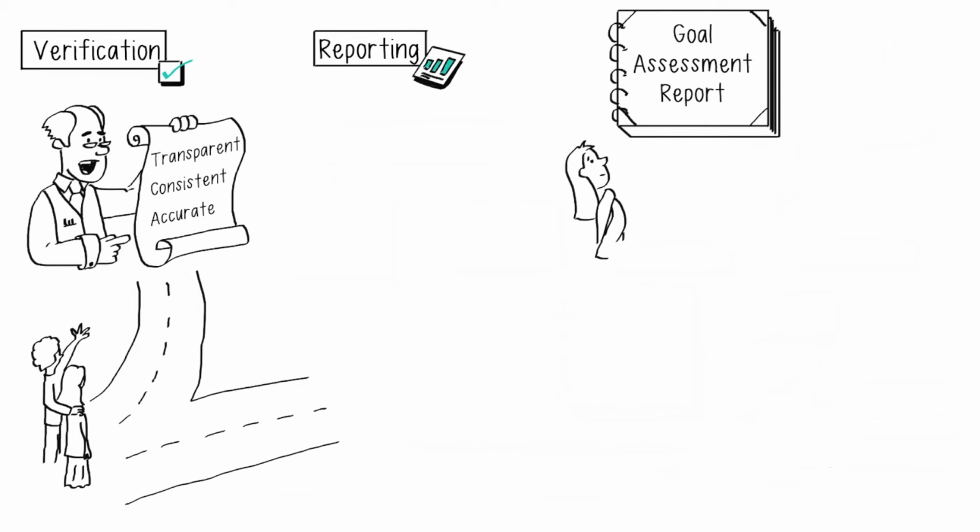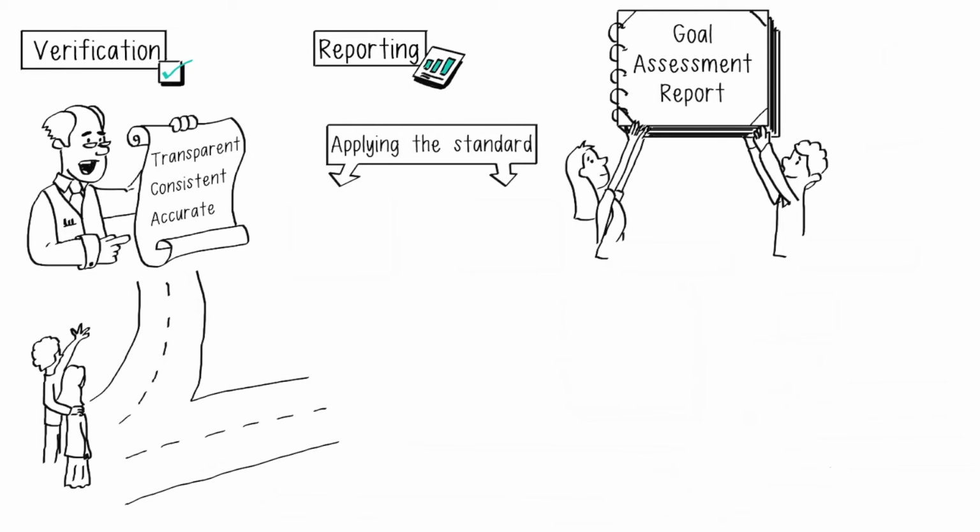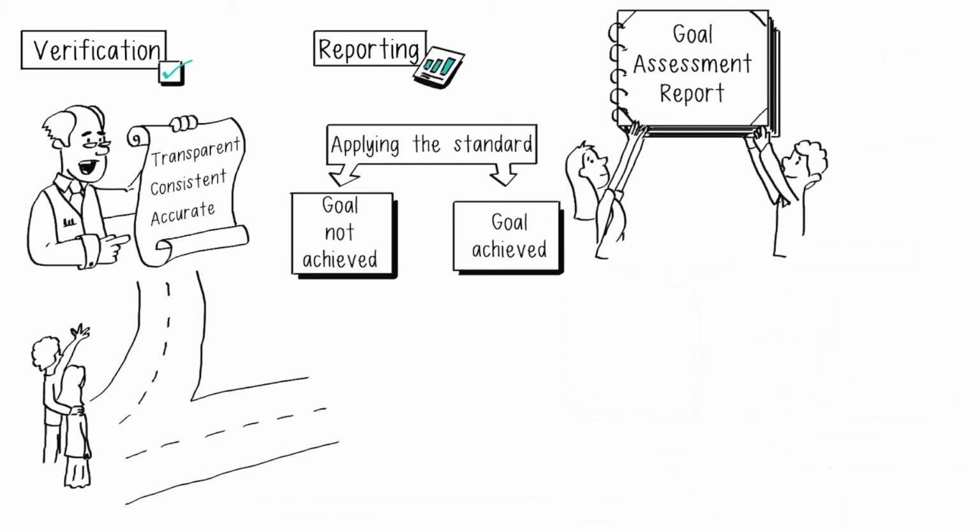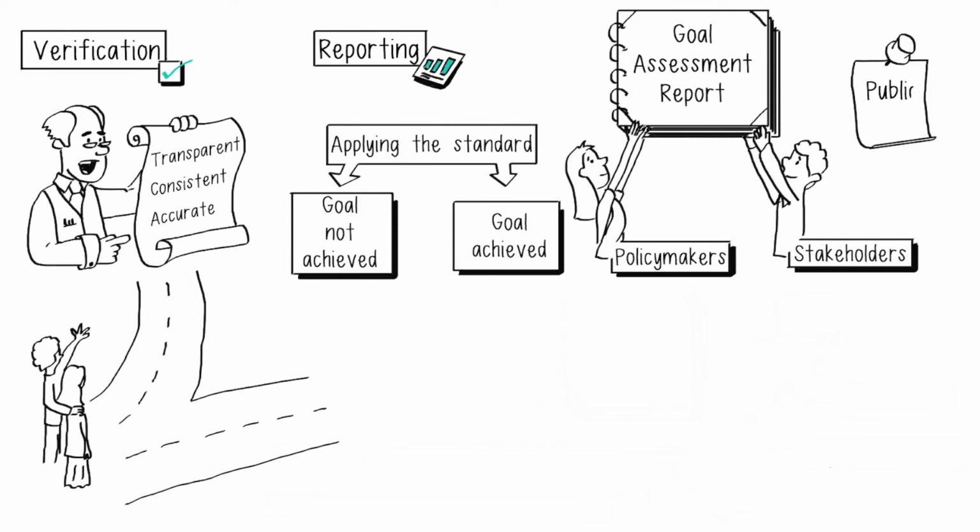This is carried out through the Goal Assessment Report, which is made publicly available. This report ensures that the process used for applying the standard and determining whether the goal was achieved or not is transparent so that it becomes a valuable document for policymakers and stakeholders. The posting of this public report is the final stage of applying the standard.